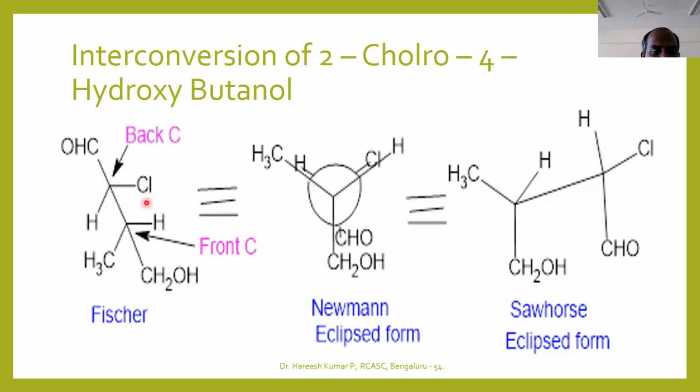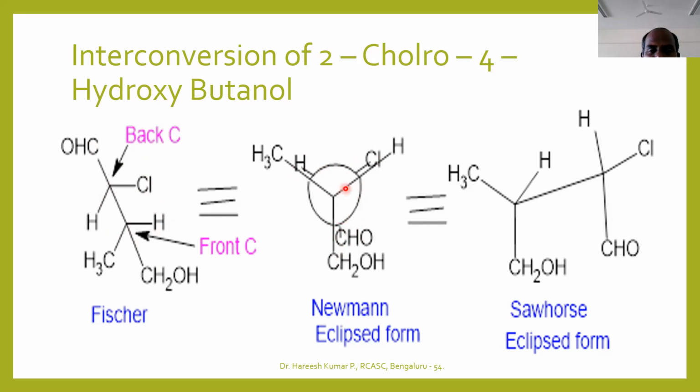So when you are converting a Fisher projection formula into a Newman projection formula, CH2OH is here, right hand side H is there, that is this, left hand side CH3 is there, that is this. Similarly, you can consider that CHO is here, right hand side chlorine is there, that is this, left hand side hydrogen is there, that is this. That is how you can convert a Fisher projection formula into a Newman projection formula.